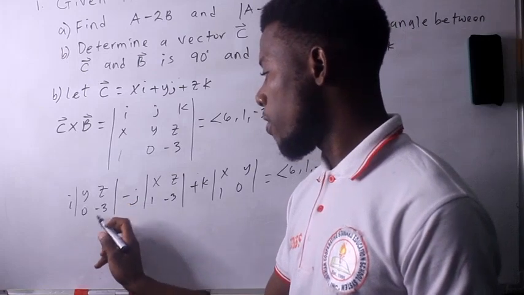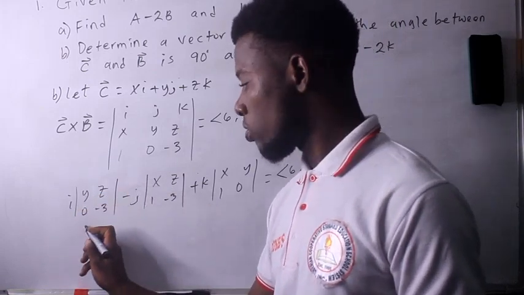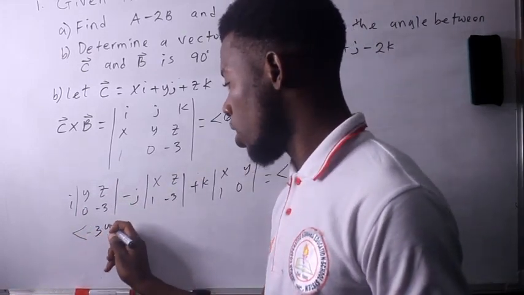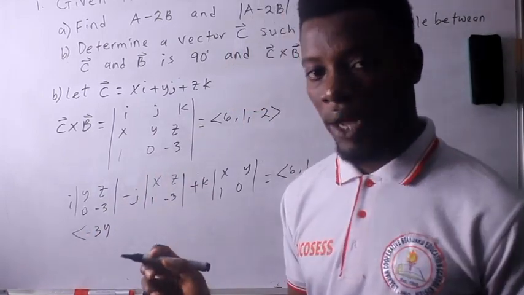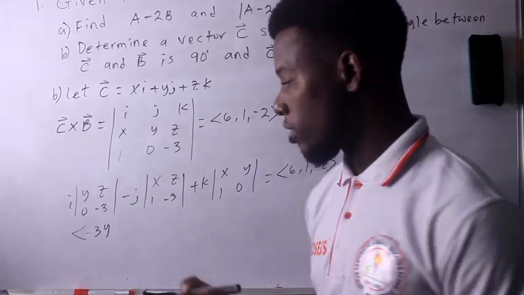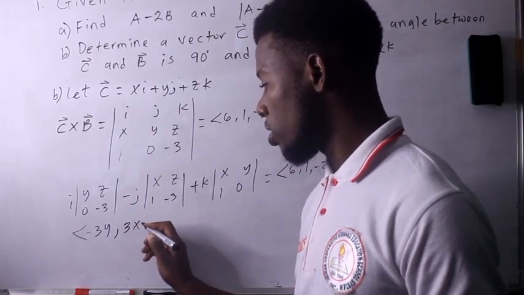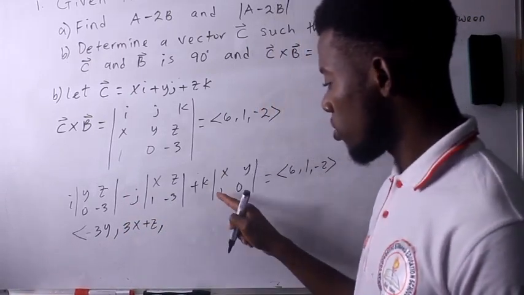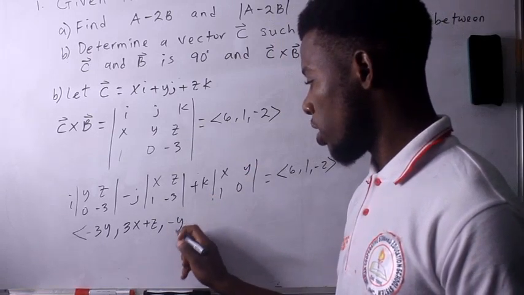We have minus 3y because this is 0. So it's minus 3y, and then this time this is minus 3x, this time this is minus z. But if we multiply by negative, we have 3x plus z, and then this will give you 0 minus y. So it's just minus y.